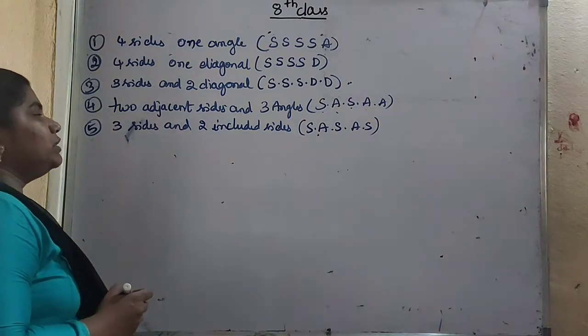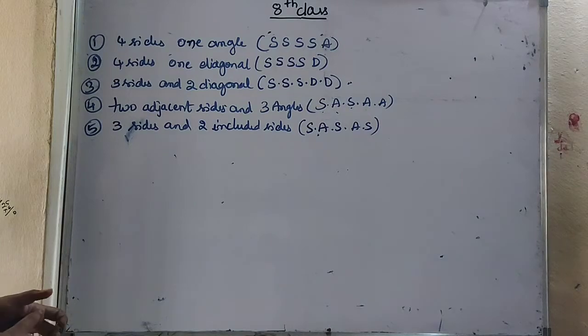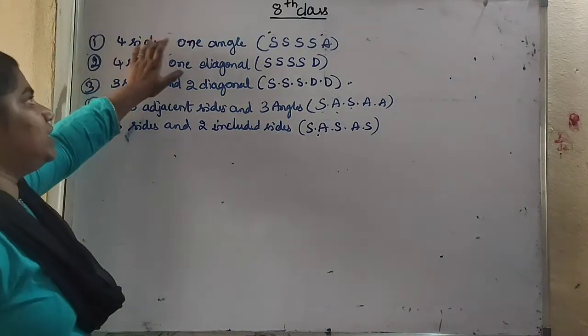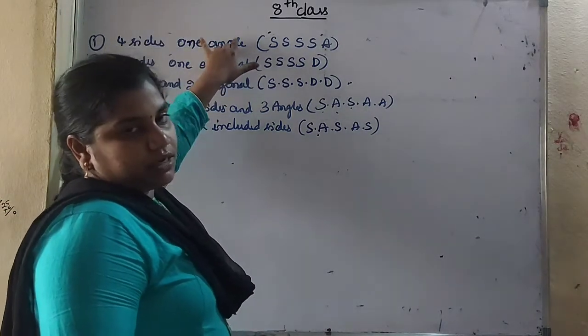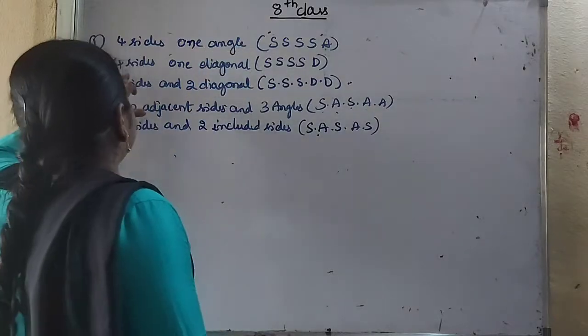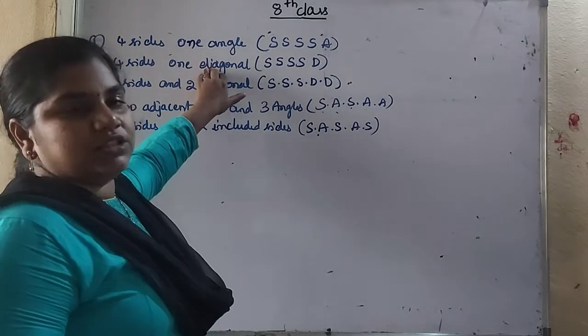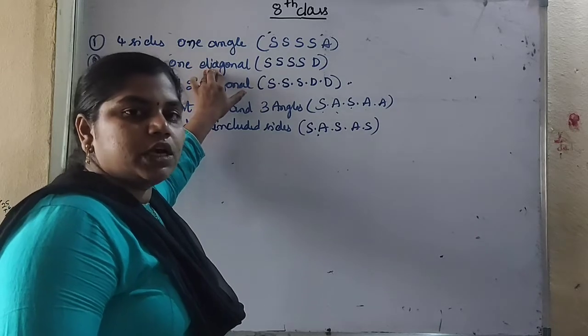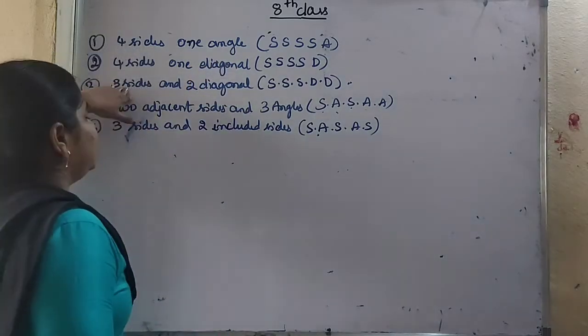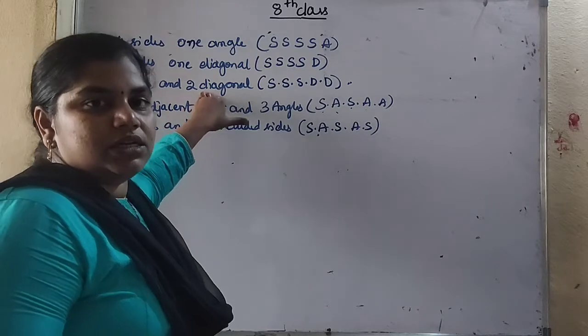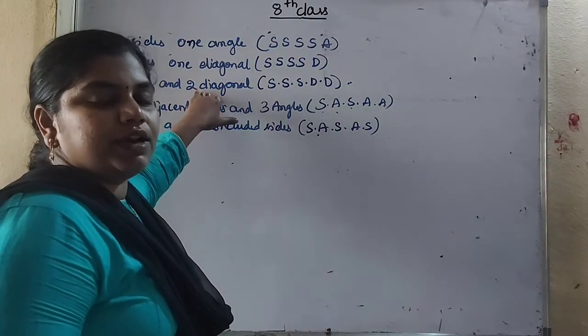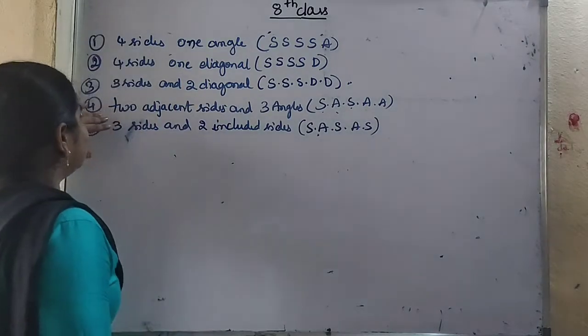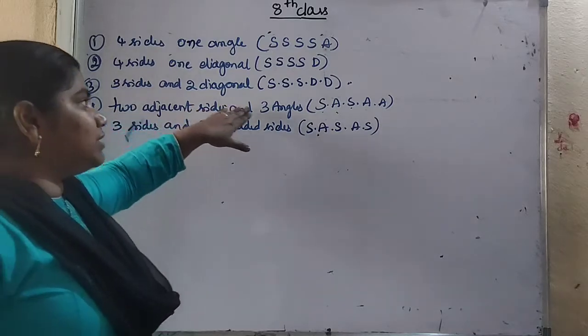So what are the measurements we want for constructing a quadrilateral? It can be four sides and one angle. In the same way, four sides and one diagonal. If four sides and one diagonal are given, then also a quadrilateral can be formed. Three sides and two diagonals. In the same way, two adjacent sides and three angles.